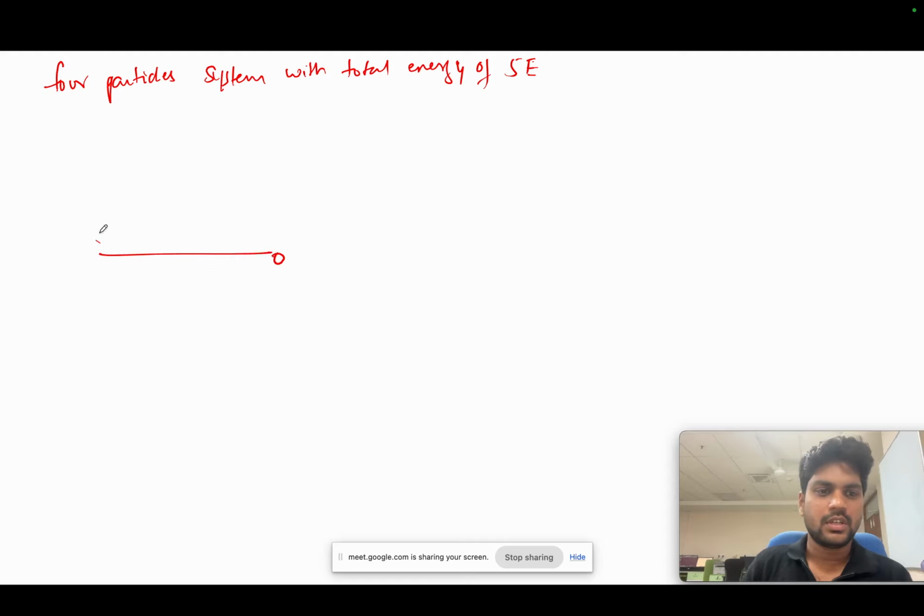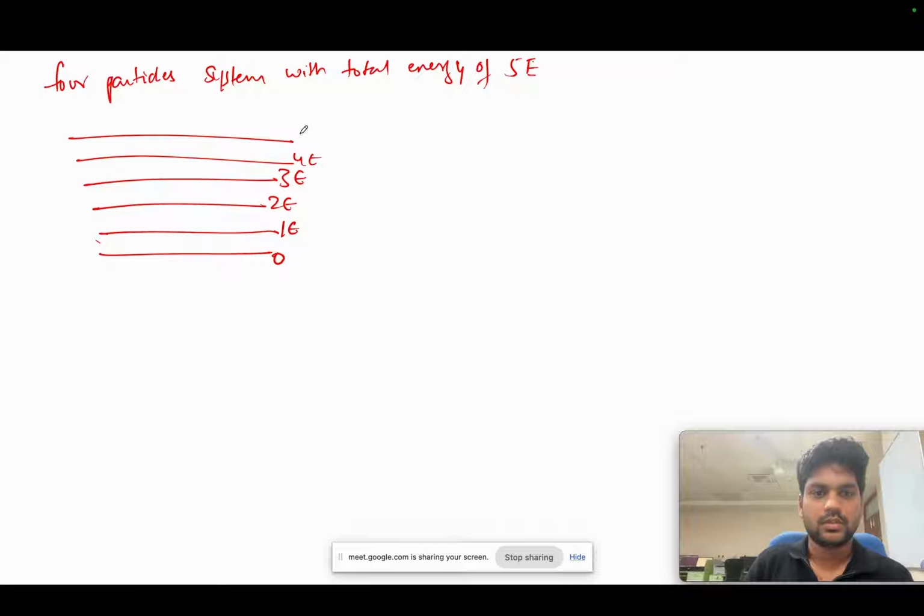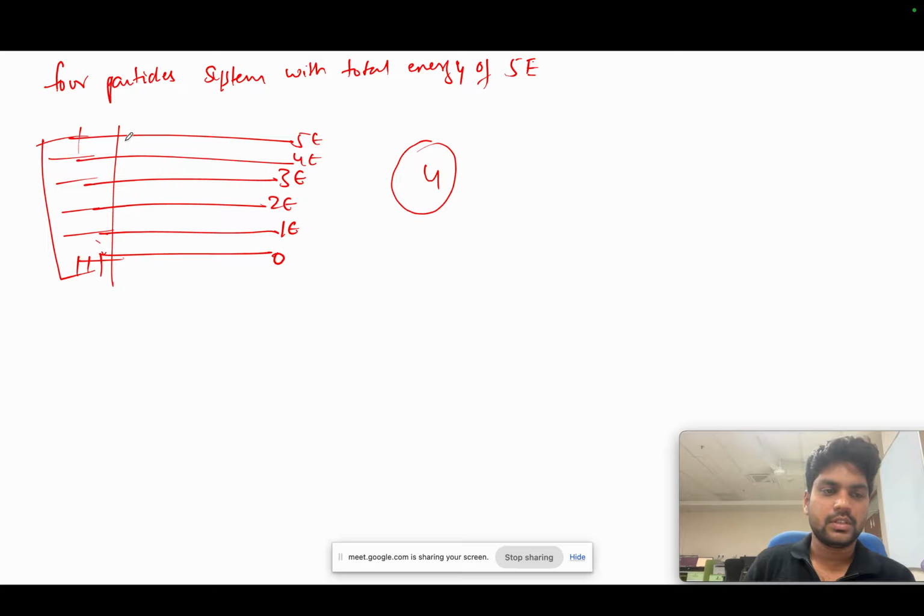This is the initial: 1E, 2E, 3E, 4E, 5E. Now we have 4 particles and you need to fix them. Say, in the first case, I will put 3 molecules here and 1 molecule here. It is also a probability case only.